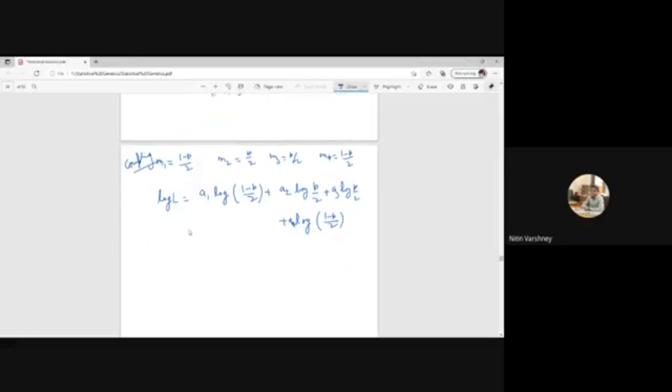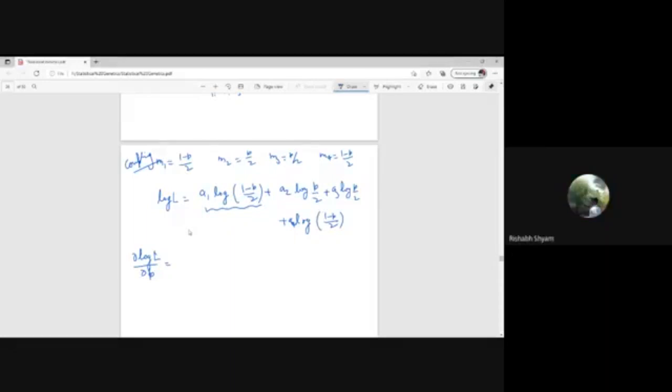Now we have to take the derivative, del log L upon del p. If I consider p here instead of theta, what will be the derivative of this? Tell me. I will do one case elaborately, and the second you try on your own. Just tell me what will be the derivative of this.